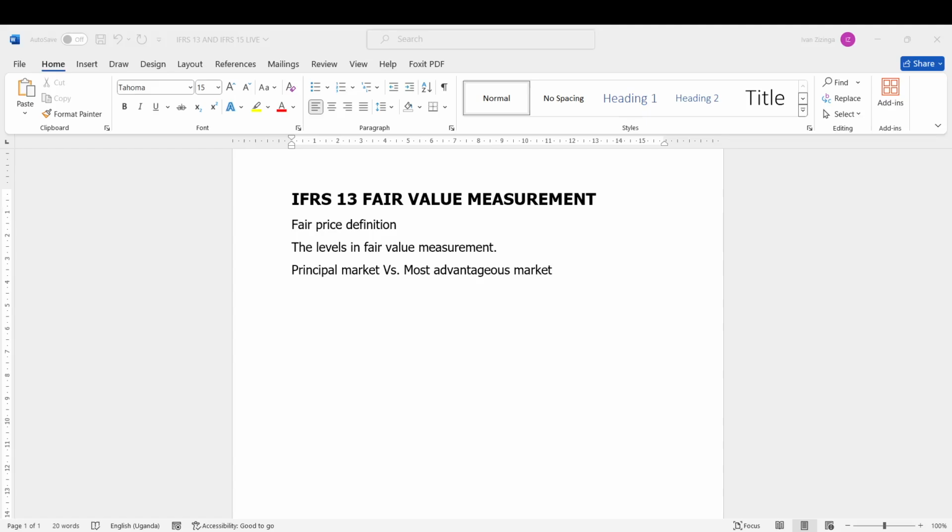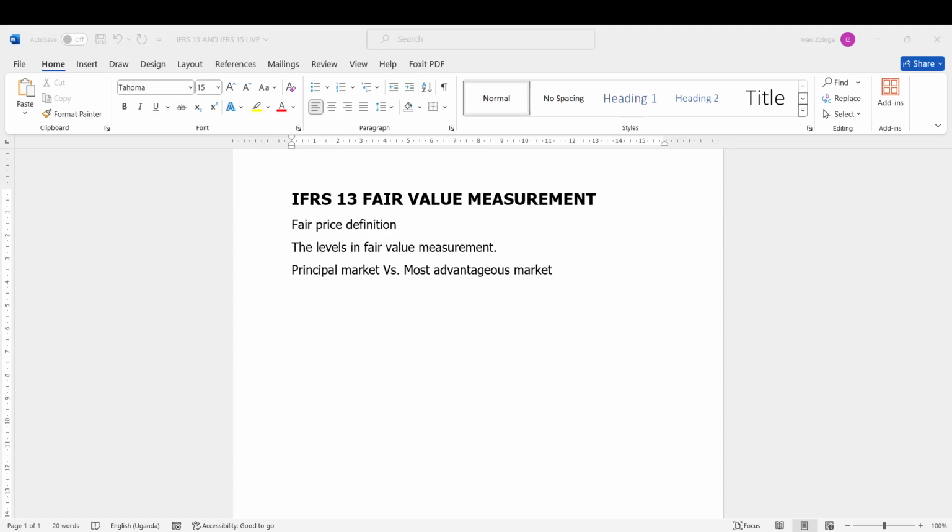Yes. Am I audible? Yes, please, you are. About IFRS 13, the parties involved must know about the market conditions, the location of the asset, and restrictions.